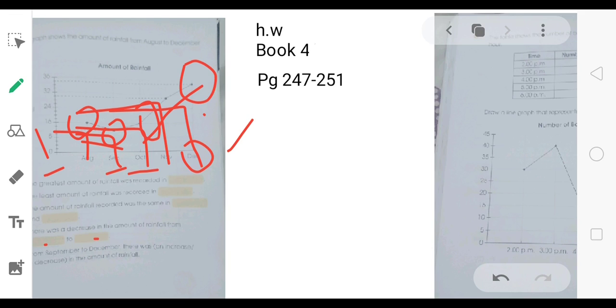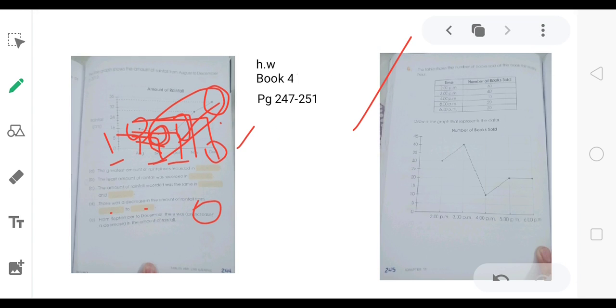From September to December, was there an increase or decrease in the amount of rainfall? This one is September. From September to December it goes up, so it increases. You will circle increases.